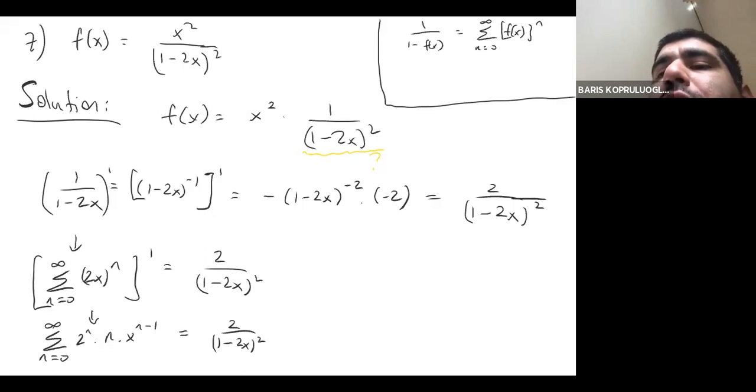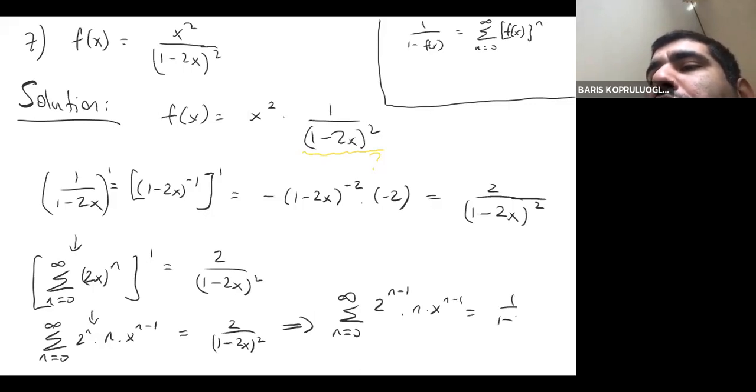Remember, we're after 1 over (1 minus 2x) squared. If you divide both sides by 2, I think it will give you 2 to the power of n minus 1 times n x to the power of n minus 1 as 1 over (1 minus 2x) squared. And the last step is multiplying this by x squared.